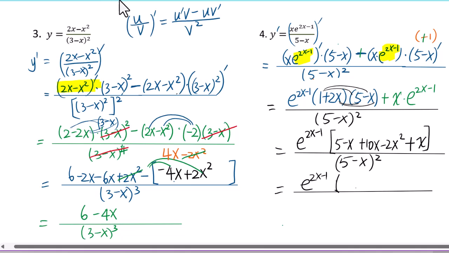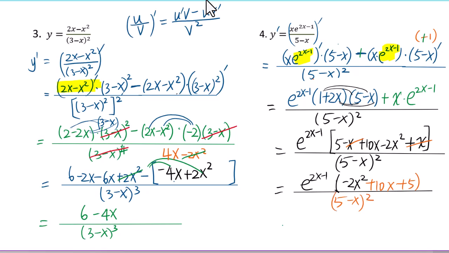Combine like terms. Negative 2x squared plus 10x plus 5, all over 5 minus x squared. This is the final answer.